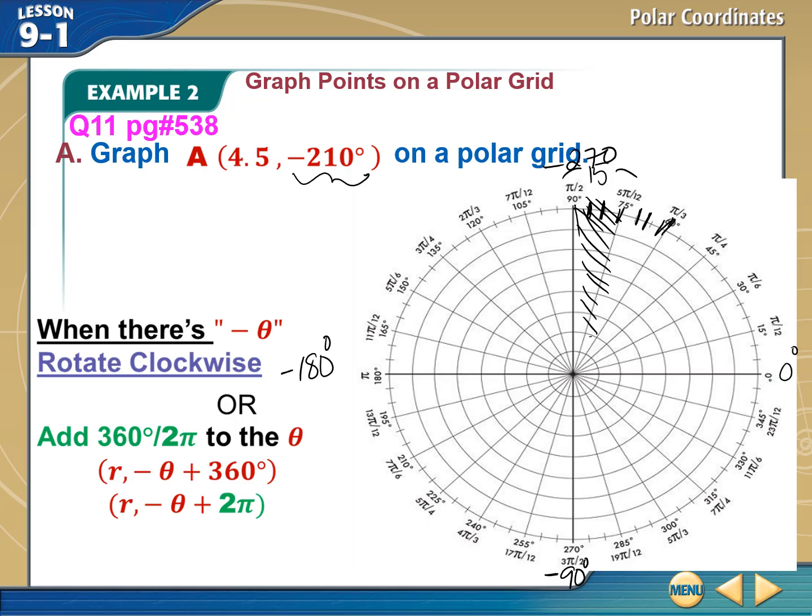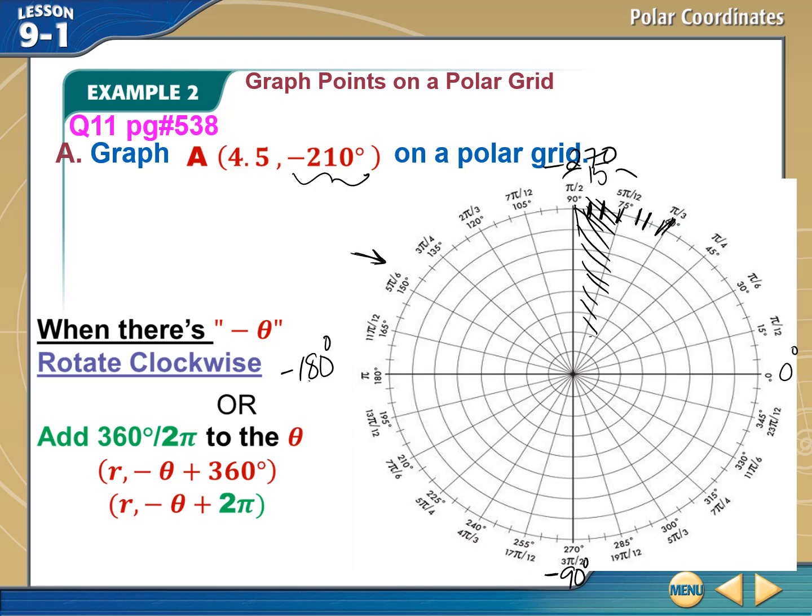Now here you have 210. 210 is between 180 and 270. So negative 180 and you need 210. It means negative 180, negative 190, negative 200, and then here it is 210.